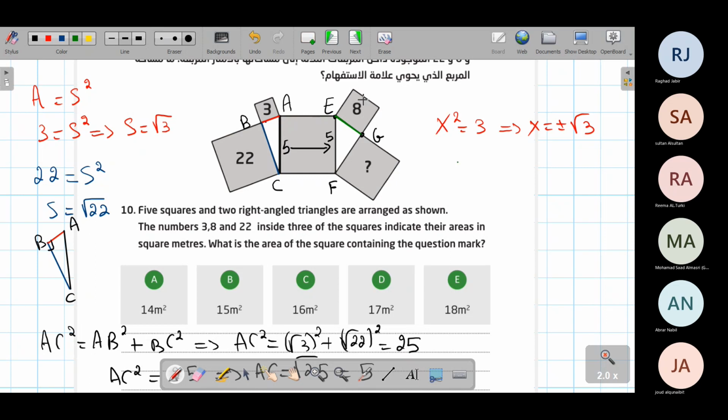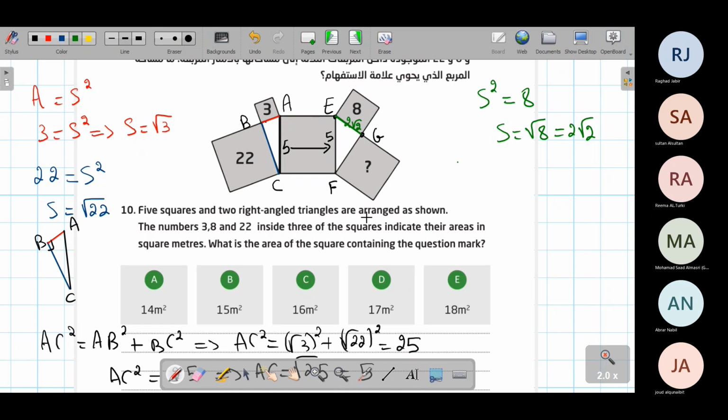The area of this triangle is equal to what, Rima? S squared. So S squared equals 8. So S equal to radical 8. By calculator or without calculator, it's 2 radical 2. So now I know that EF equals 5 and this one equals 2 radical 2.